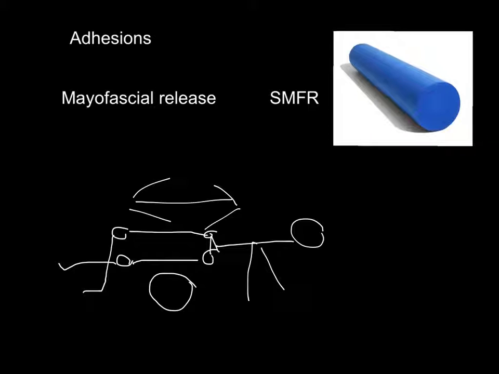This is a huge thing, doing SMFR, to keep your mobility and keep your muscles able to move through a range of motion while implementing any fitness program, especially when you're moving heavy weight a lot. You can tend to get very stiff and lose your range of motion. Using a foam roller is one simple way to prevent this from happening.